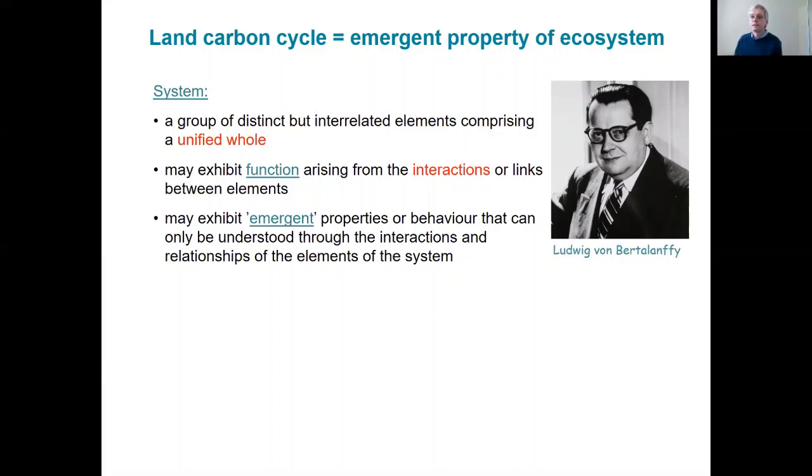And the key characteristic of a system is that through this holism, through these interactions, which can also include feedbacks between the elements, the system can exhibit features of its behavior, of its structure, that can only be understood by understanding the interactions and the relationships of the elements. So this is the domain of systems theory, general systems theory, that was formalized in around the 1960s, particularly by this character here, an Austrian scientist, Ludwig von Bertalanffy.